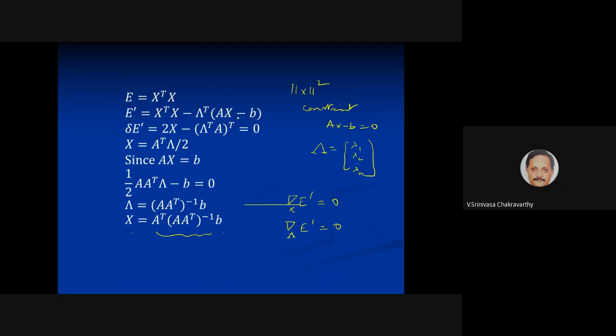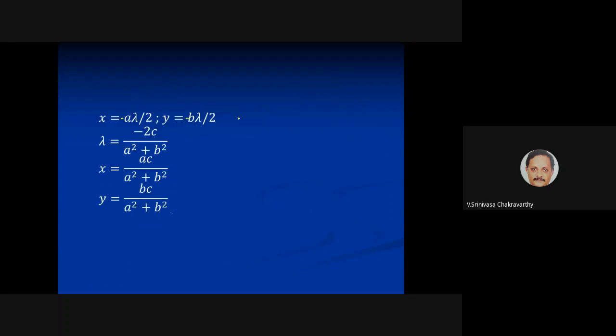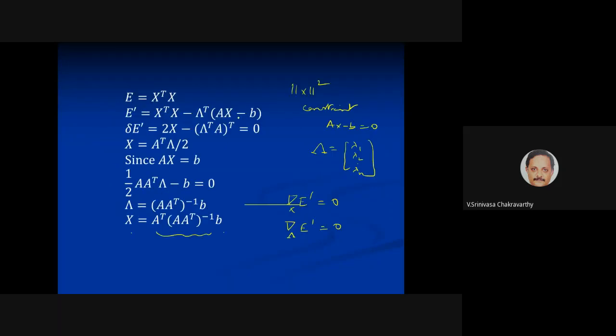In the original example of Lagrangian multipliers that we have seen, we showed only one constraint. But if you have n constraints, then for every constraint you need one Lagrangian multiplier. Since there are n constraints, you should have n Lagrangian multipliers.